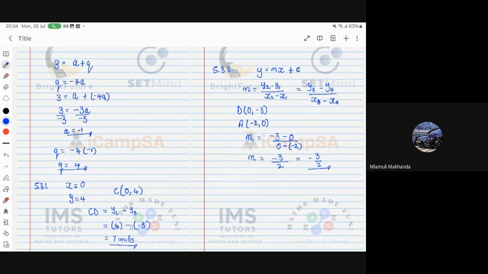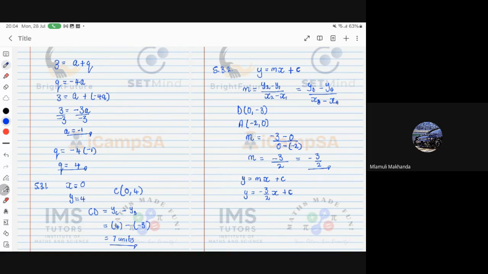We can simply use any of the coordinates here to find the value of c, but remember that the value of c is also what we call the y-intercept, whereby x is equal to 0. y is equal to mx plus c, y is equal to minus 3 over 2 x plus c.